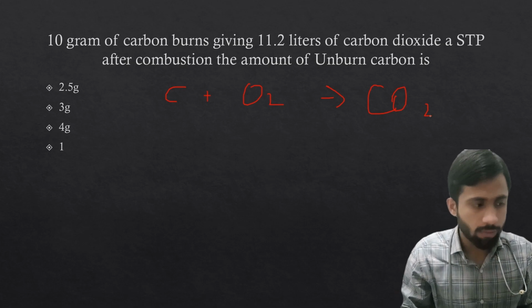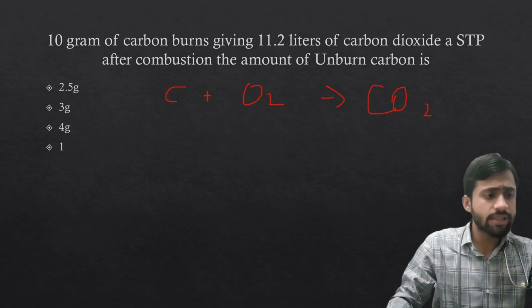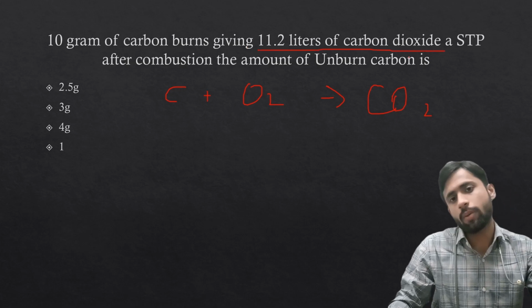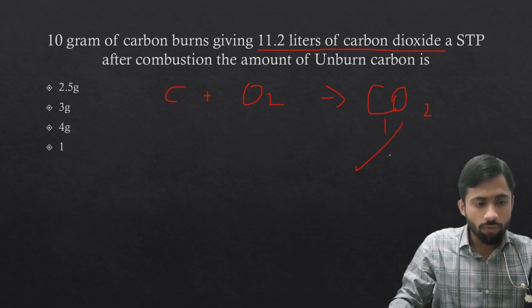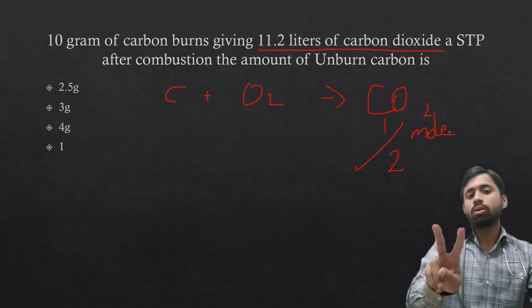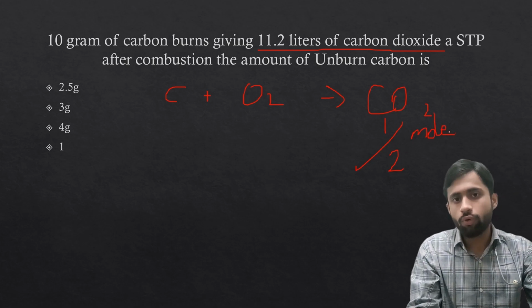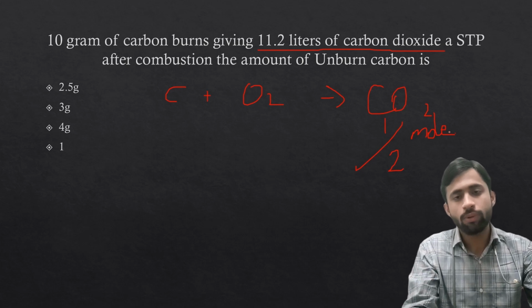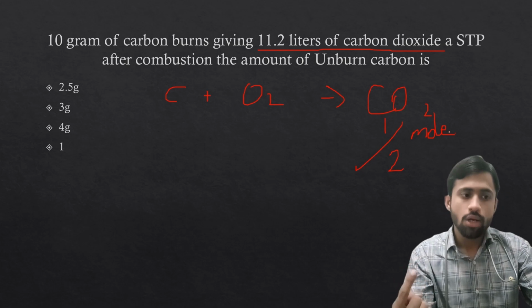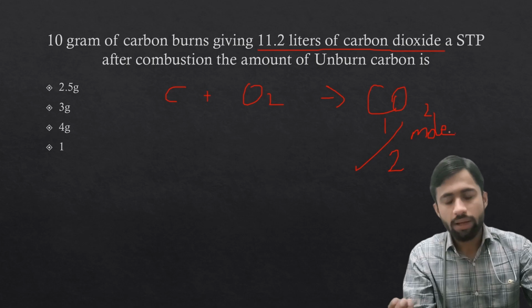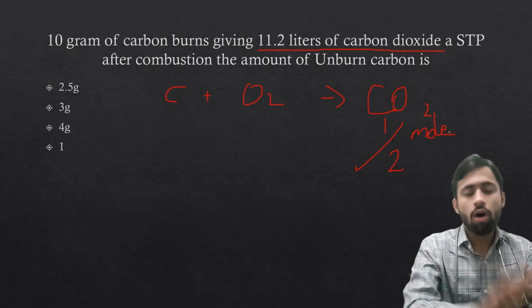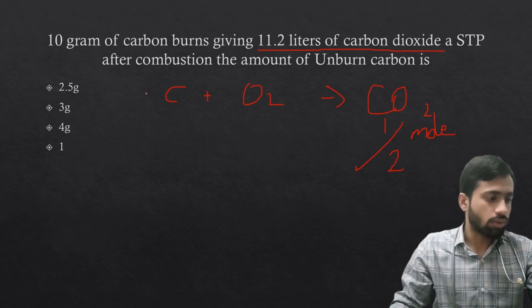It is saying 11.2 liters of carbon dioxide, which means half a mole of carbon dioxide is being formed. 22.414 dm cube, or 22.414 liters, means 1 mole. So 11.2 liters will mean half a mole of carbon dioxide.